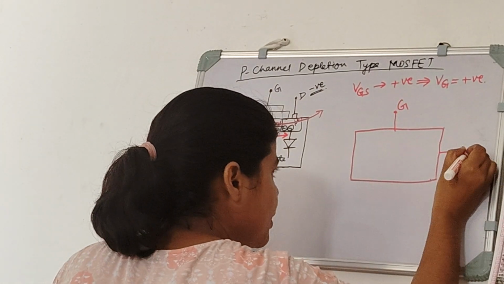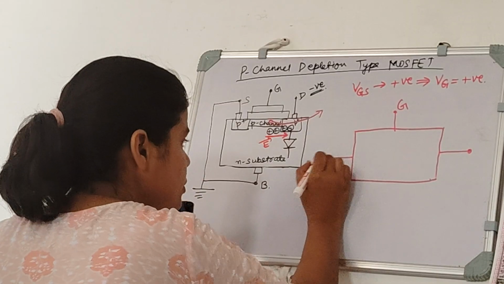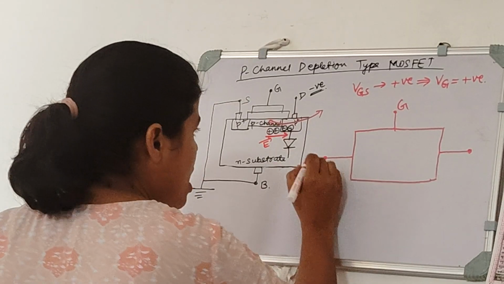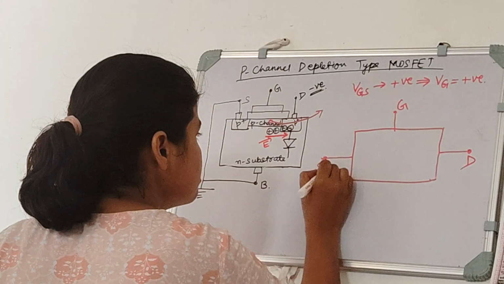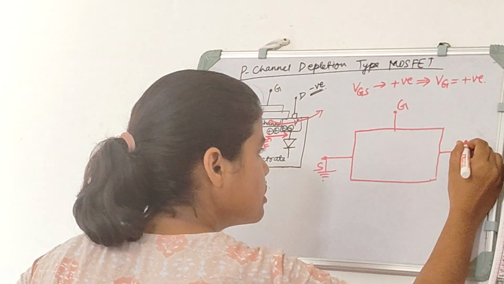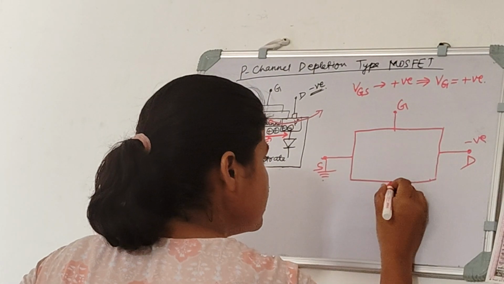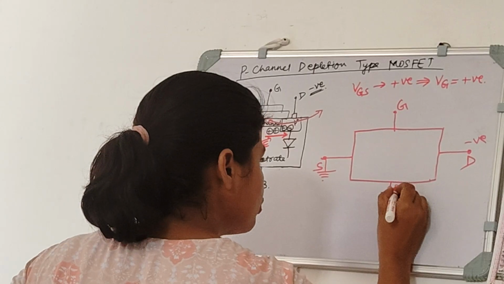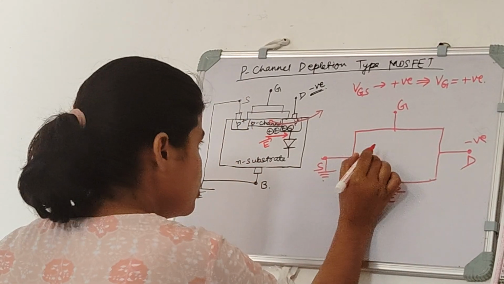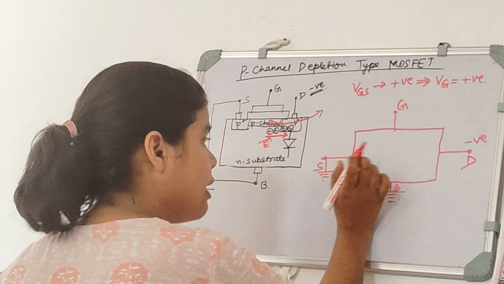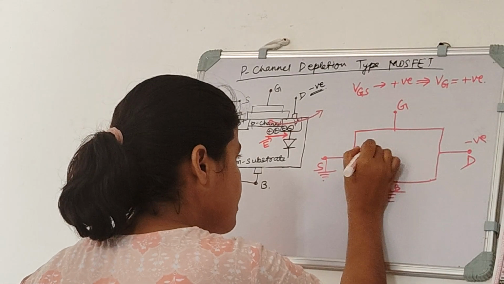This is source terminal. This is drain, negative, and this is our body terminal. It will also be grounded. Now this is our channel. So our channel is of p-type material, and p-type material looks like this.